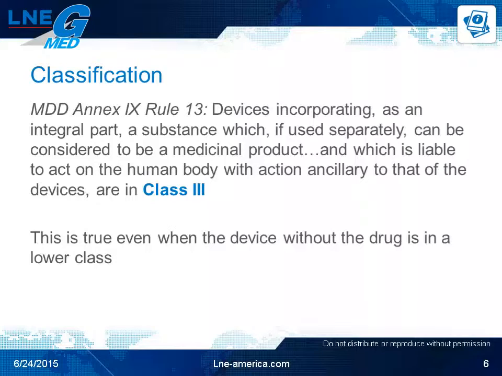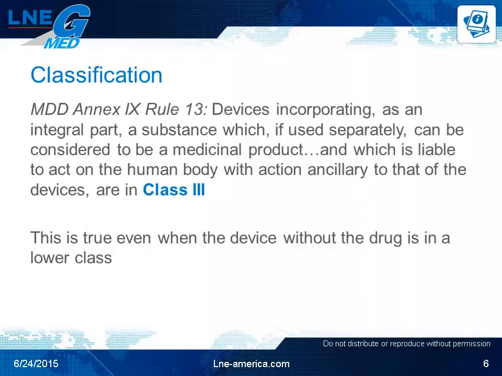According to the MDD Annex 9 Rule 13, devices incorporating as an integral part a substance which, if used separately, can be considered to be a medicinal product and which is liable to act on the human body with ancillary action to that of the device are in Class 3. This is true even when the device without the drug is in a lower class.